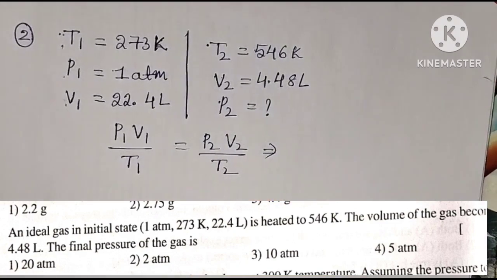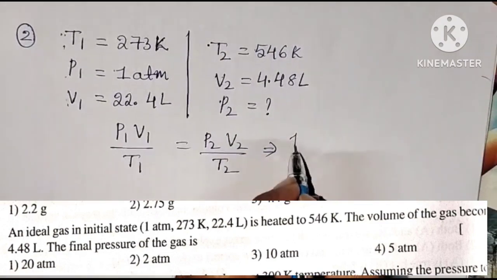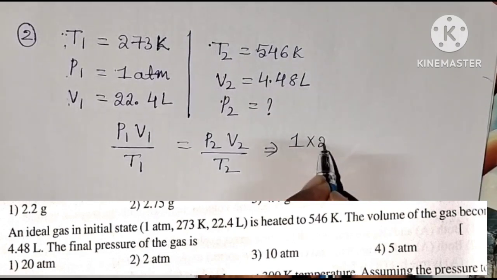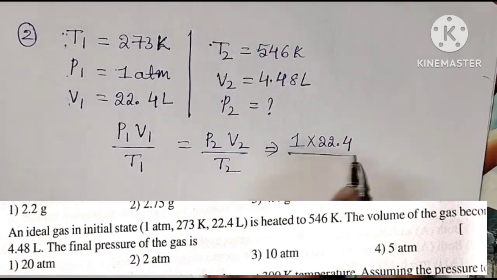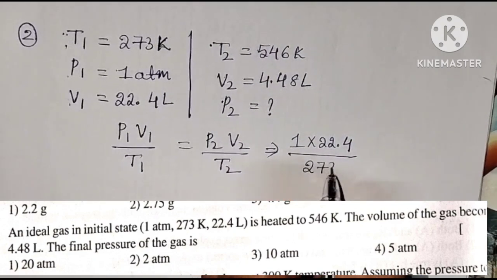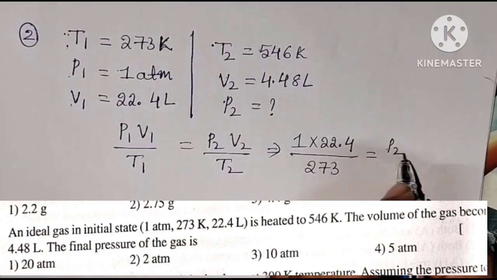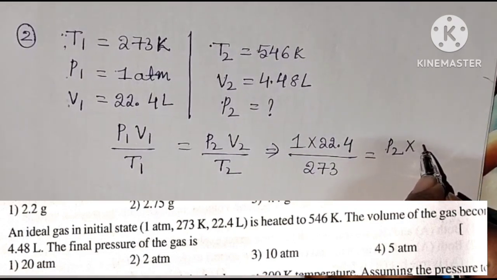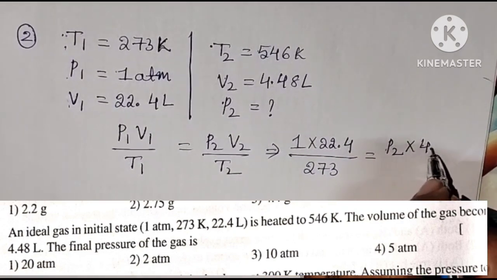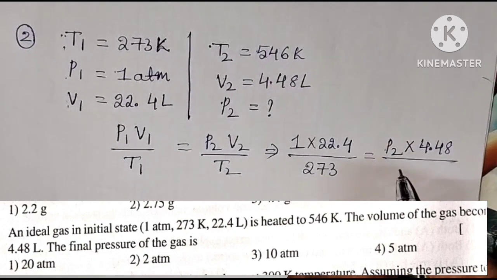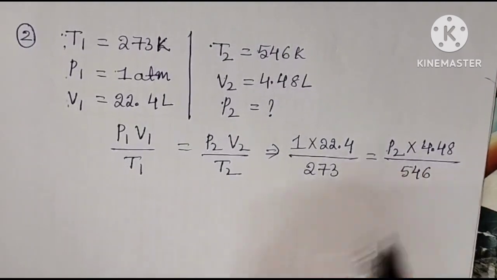Now substitute all values. P1 1 atmosphere, V1 22.4 liters by T1 273 Kelvin is equal to P2, we don't know, we have to find, and V2 value is 4.48 by T2 546 Kelvin.